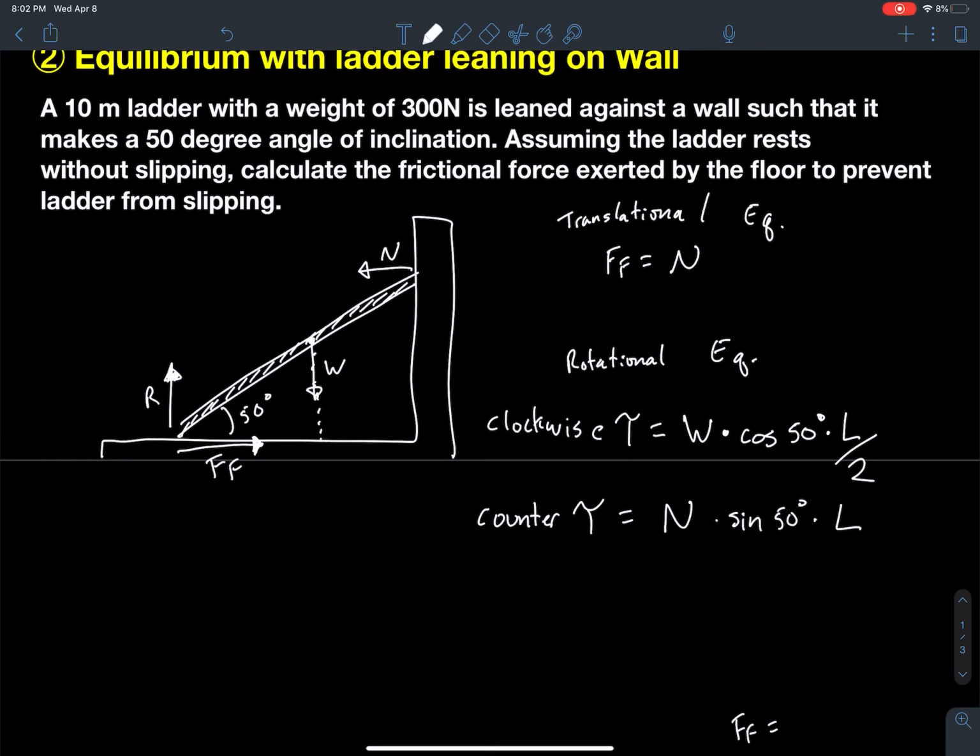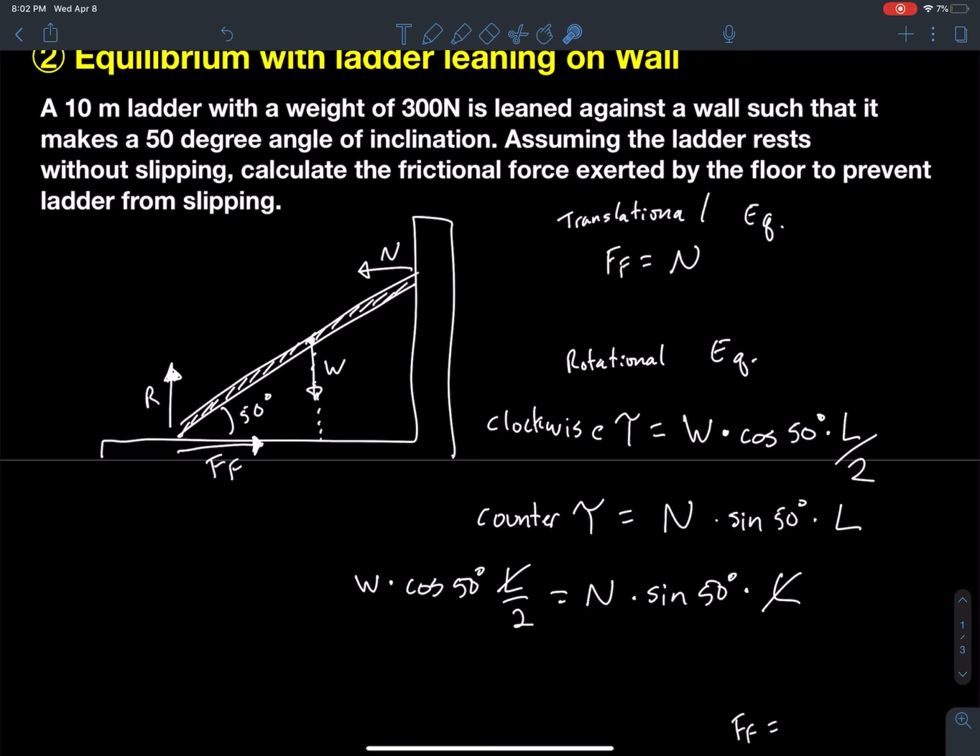So the weight of the ladder times cos of 50 degrees times L over 2 is equal to N times sine of 50 degrees times L. Once I have that, I can cancel out the L's. I don't even need the length of the ladder. And then I can say that N, that force that the wall is pushing on the ladder, using my translational equilibrium, N is equal to FF.